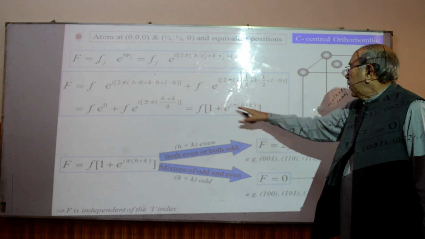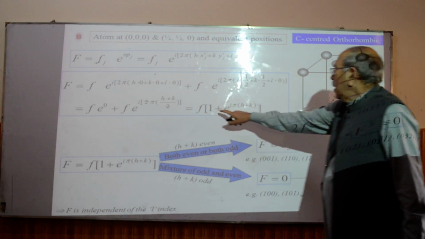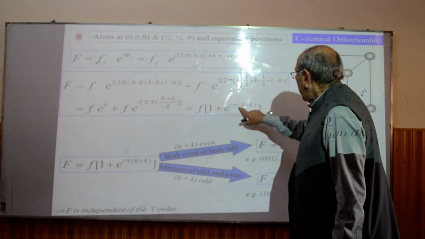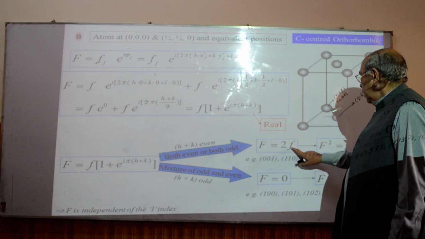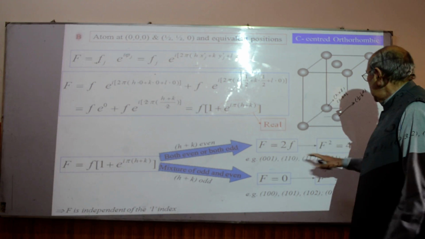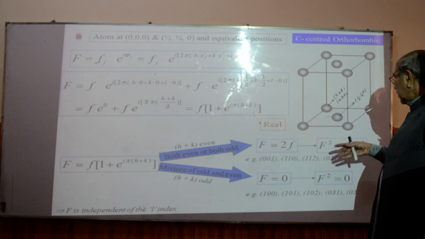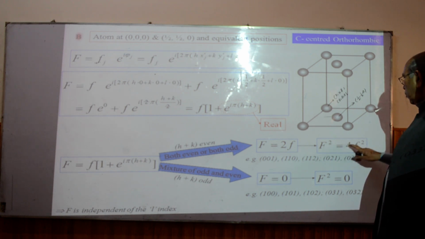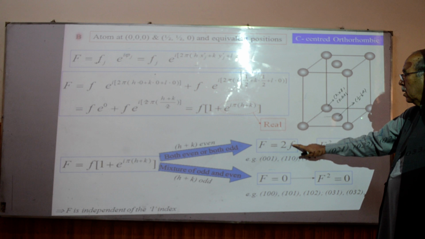So we will get f from here and f from here, equal to 2f. If I find the intensity of these hkl planes, the reflection, F squared is equal to 4f squared.